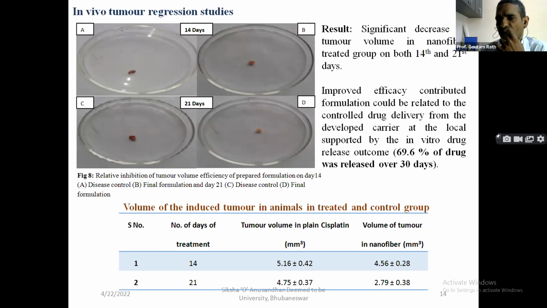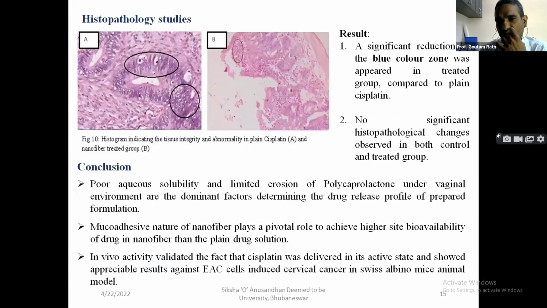and that is only because the nanofiber is retained at the specific site, which makes the drug more effective. The concentration of the drug is maintained at IC50 levels near the cancer, and that helps to reduce the tumors.